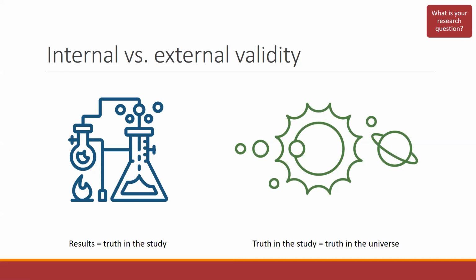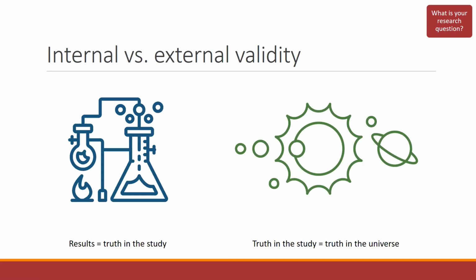Thinking about what that means in a real world setting: do the causal relationships that you see hold for different people, different settings, different sorts of programs, other outcomes? You can think about switching things up a little bit: do the results you see hold for other groups and other places?